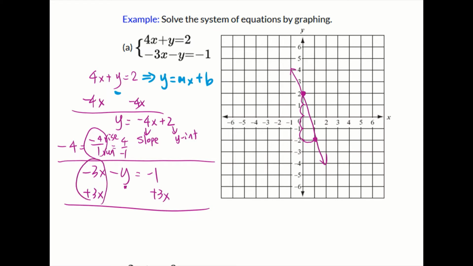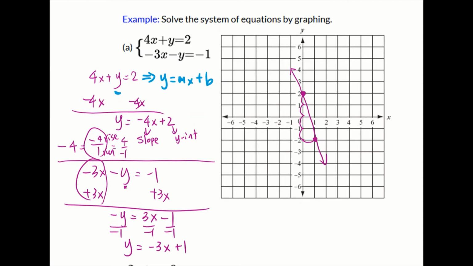What's left on the left side is negative y equals, write the x term first, 3x, then the number term second, minus 1. To leave y by itself, that means divide each term by negative 1. So you have y equals negative 3x plus 1.